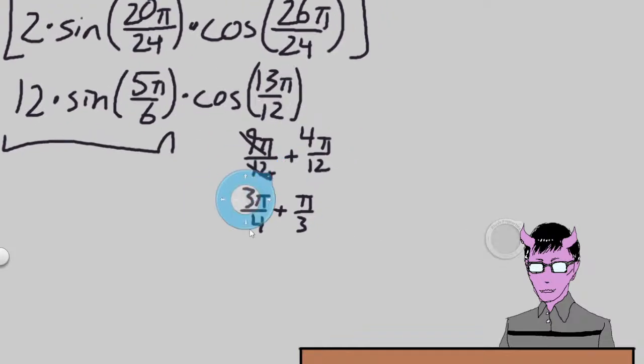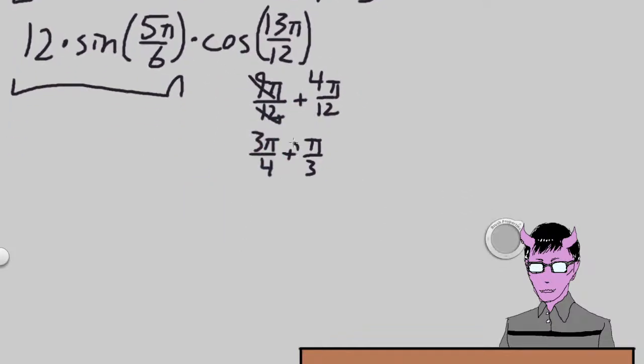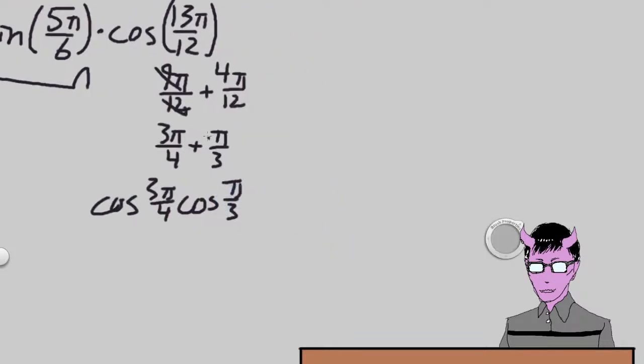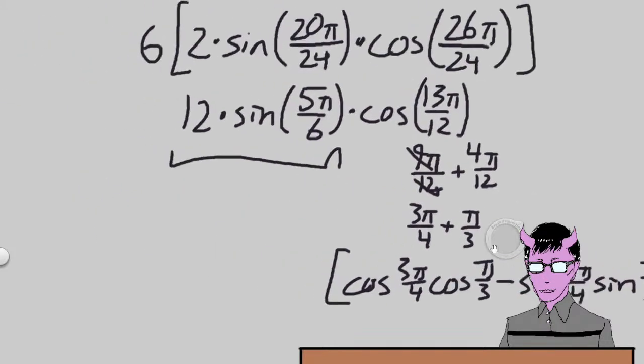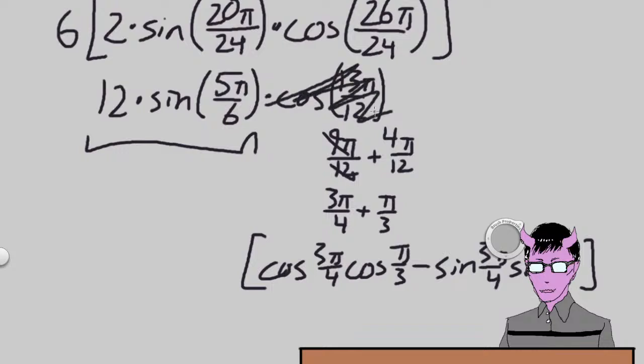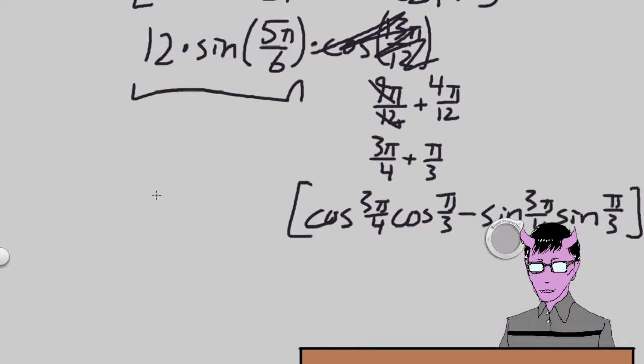So using the cosine expansion, cosine, cosine, sine, sine, with a minus, because we're going to flip the sign. So cosine 3 pi over 4 times cosine pi over 3. Change the sign because it's not sine. And then sine 3 pi over 4 times sine pi over 3. Since this is a minus, make sure you put the brackets. Okay. So that's done. Copy pasting those 2 factors.